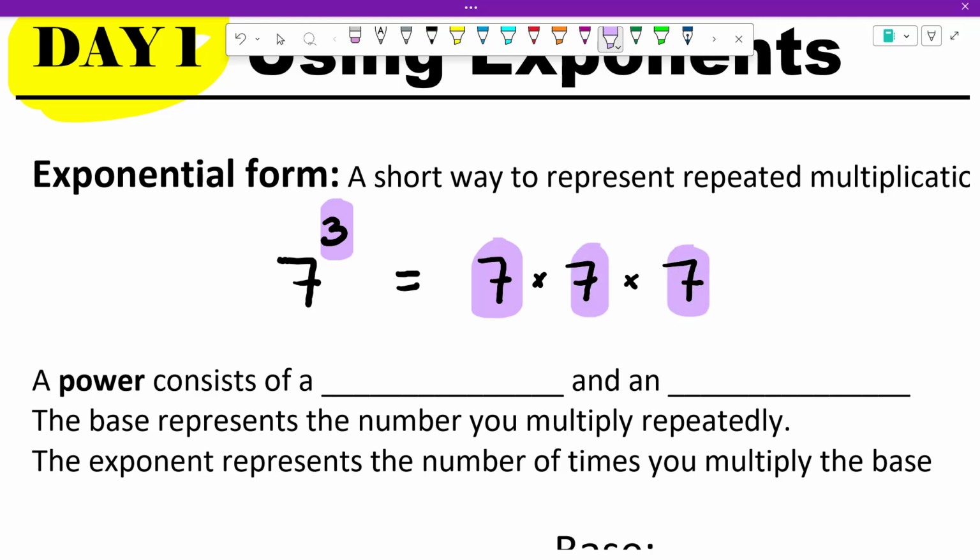Okay? And last year, your teacher probably was happy if you knew that and you can grab your calculator, you can get the answer. Right? We're sort of getting to a little bit more detail, a little more vocabulary as well. So this here is called a repeated multiplication.